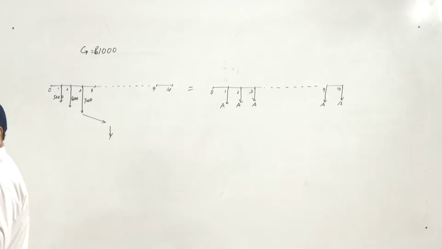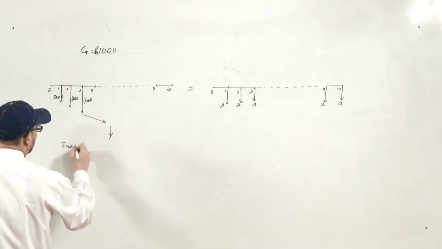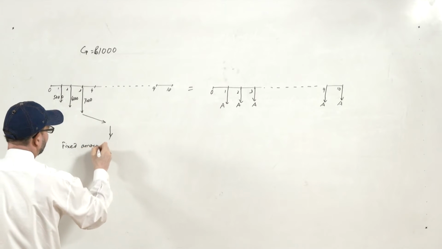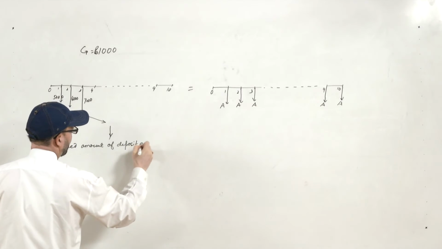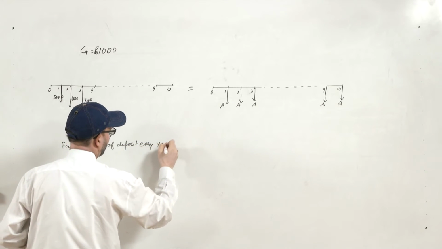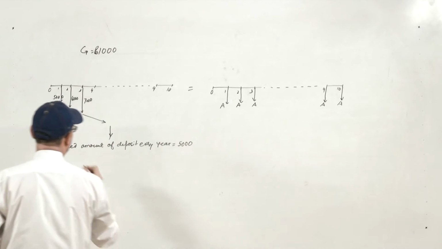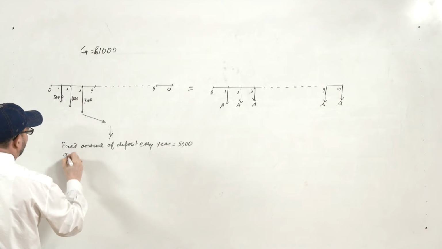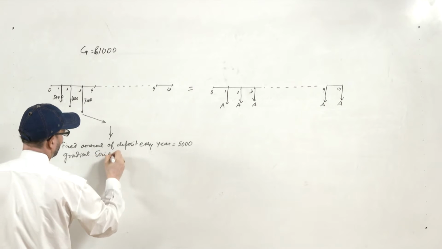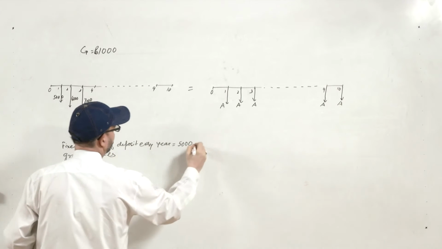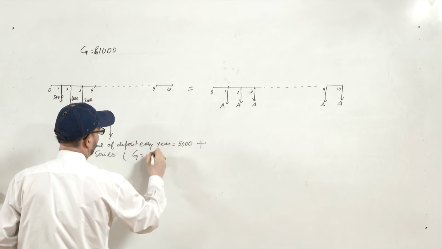One is a fixed component every year, a fixed amount of deposit every year, which is 5,000, and the gradient series with G value of 1,000.